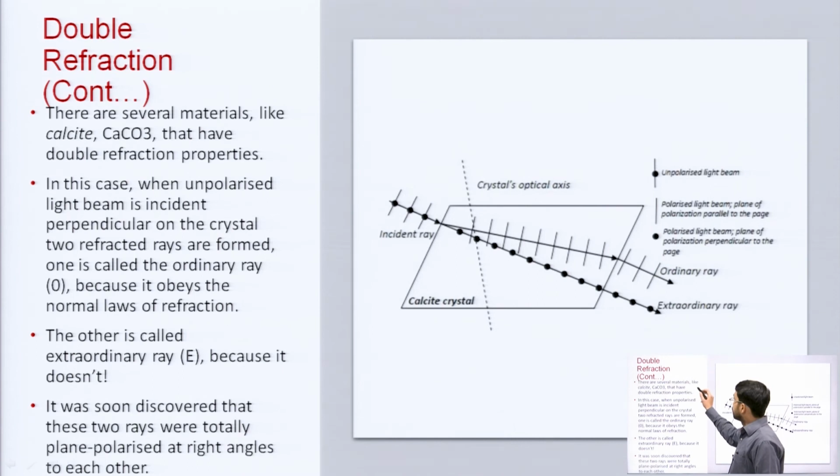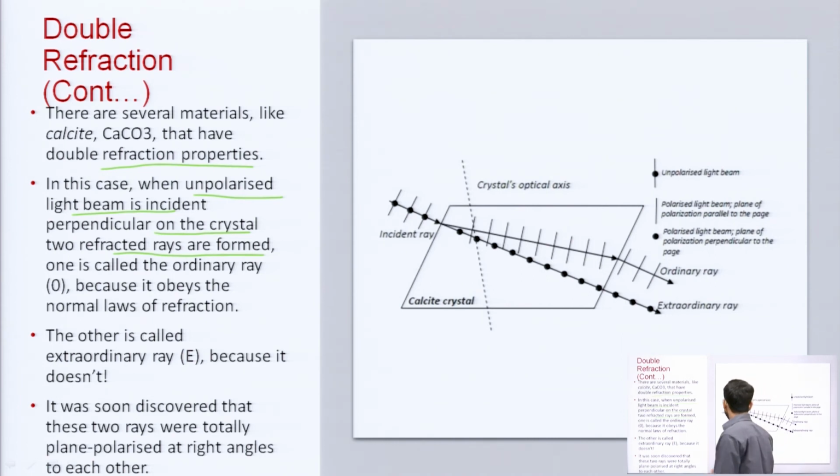There are several crystals like calcite that have double refraction properties. In this case, when an unpolarized light beam is incident perpendicularly on the crystal, two refracted rays are formed.